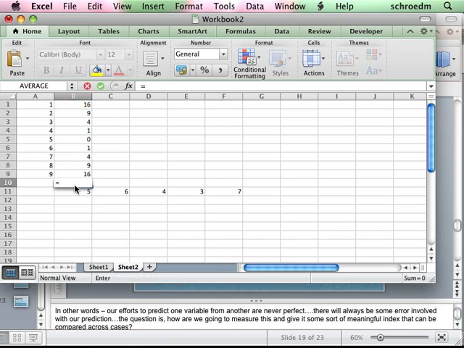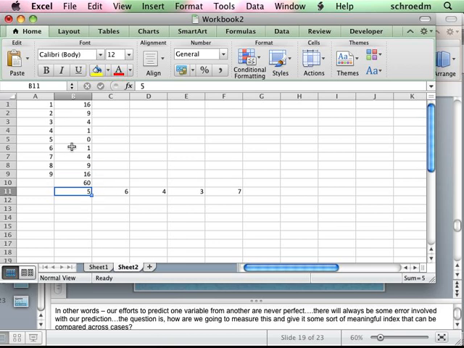So these are my squared values, right? 1 minus 5 is negative 4. I square that, I get 16. 2 minus 5 is negative 3. I square that, I get 9, right?